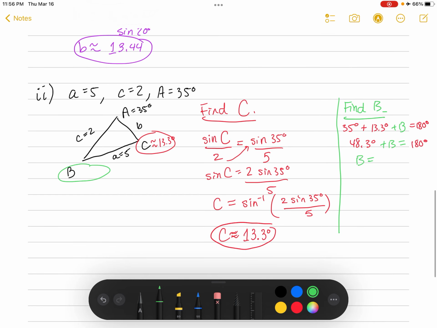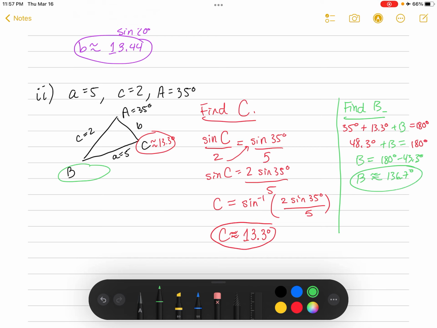So big B, we subtract 48.3 from both sides: 180 minus 48.3. So that's 131.7.